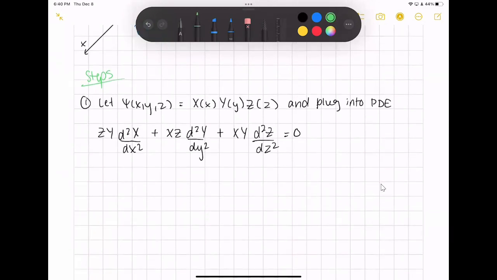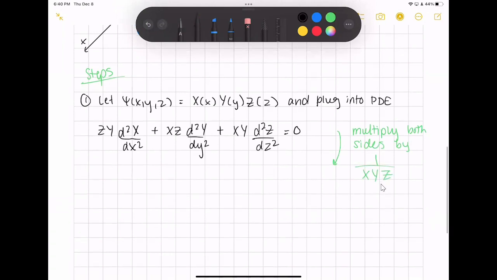So now we just multiply both sides by our 1 over, and this time it's x, y, z, because we have, again, three variables, and we will get this.